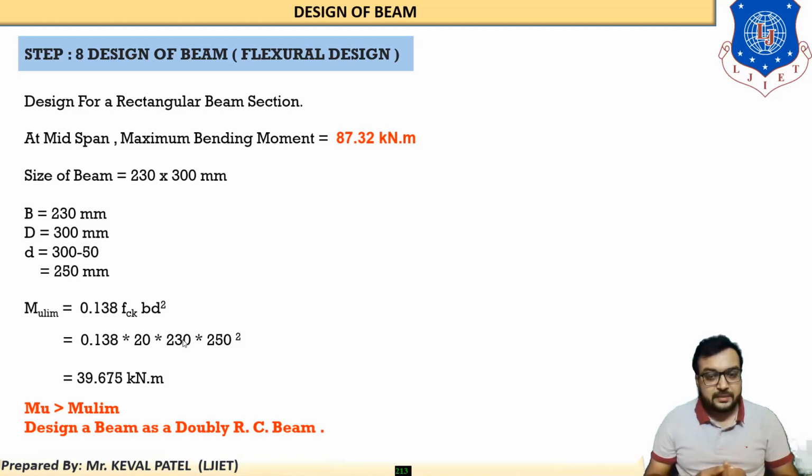The first step is to find out ASC, the second step is to find out FSC and FCC. Next is AST1, area of steel in tension 1, which is found from SP16. After that we have to find out AST2, area of steel in tension part 2, and after that we find the total AST, which is AST1 plus AST2.